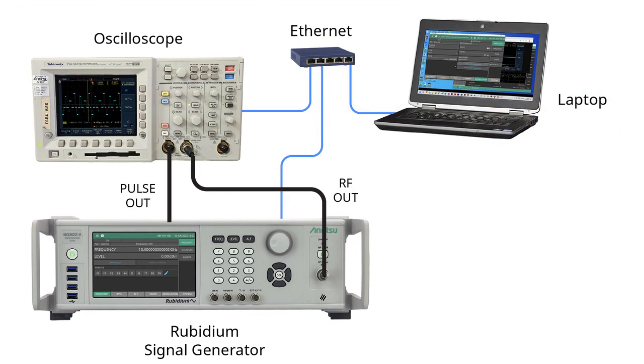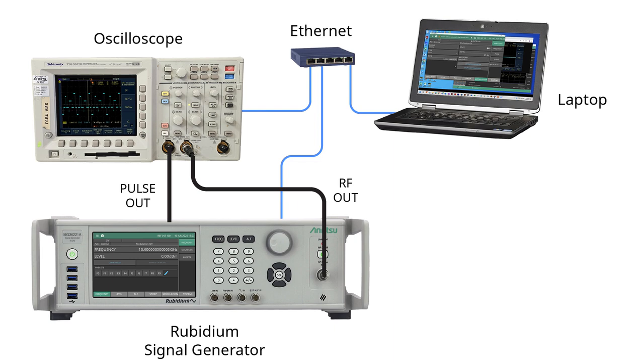Now the only change I have done in my setup is because my oscilloscope has a limitation, which is it can only accept 2 inputs. It's a 2-channel oscilloscope. So if I want to see the CHIRP in time domain, I have to connect the RF output of Rubidium to the other channel of this oscilloscope.